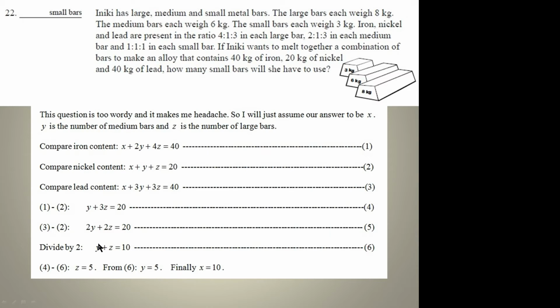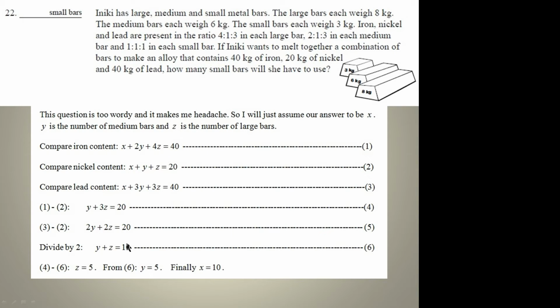Look at here. Both of them have y, so you subtract this one from that one. 4 minus 6. You get 3z minus z is 2z. 20 minus 10, 10. You get 2z equals 10. z equal 5. Okay, once you find z equal 5, we'll put this back in here, z equal 5, so y equal 5.